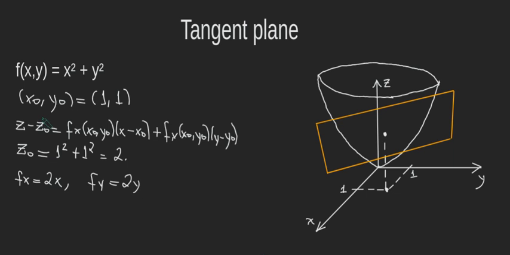So we have now z0, we have the derivative of f with respect to x, and the derivative of f with respect to y. So the equation of the tangent plane will be z minus z0, which is 2, equals the derivative with respect to x computed at x0, y0, which is important.